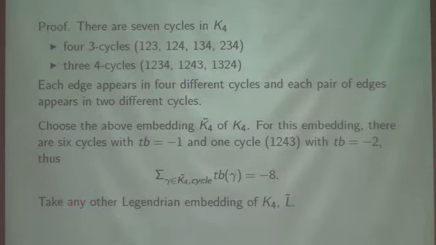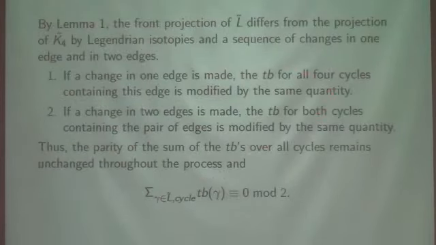Now, we take any other Legendrian embedding of K4, and using lemma 1, we know that this new embedding will differ from the projection of our original one by either Legendrian isotopy or changes in one edge or in 2 edges. If we have Legendrian isotopies, this won't change the Thurston-Bennequin number.